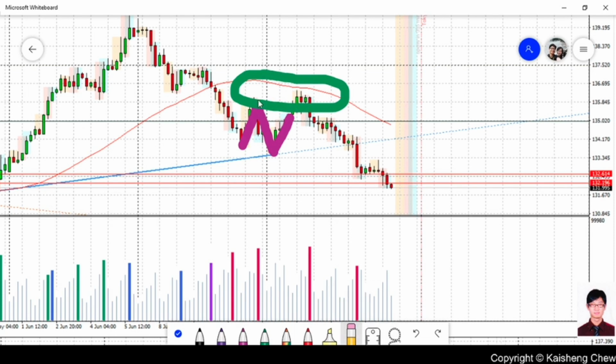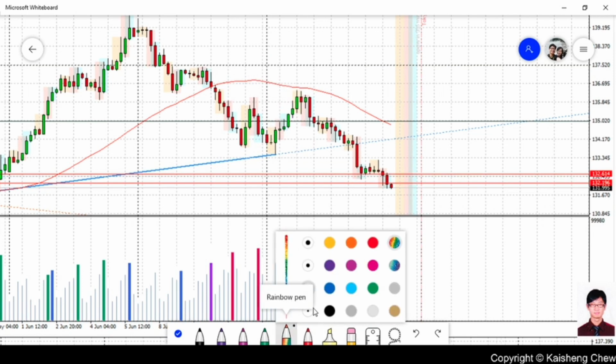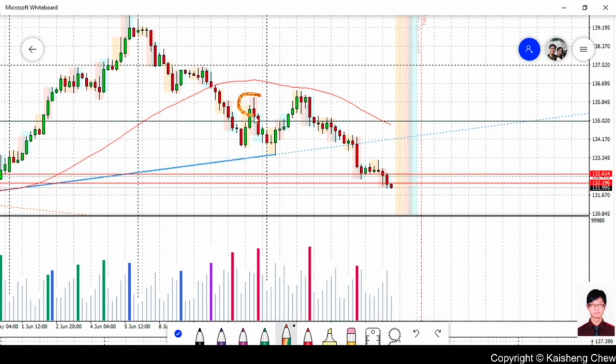Why? Now I'm going to explain why. Take this pen. This is the area where your sellers were moving down but unable to make it, and the price went back up. This is where the retail sellers put their stop loss, right here.